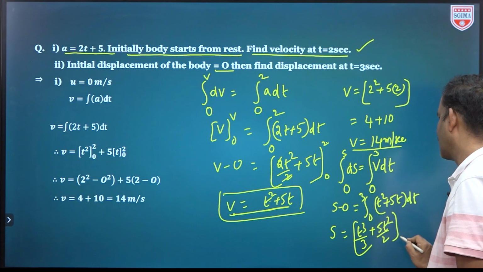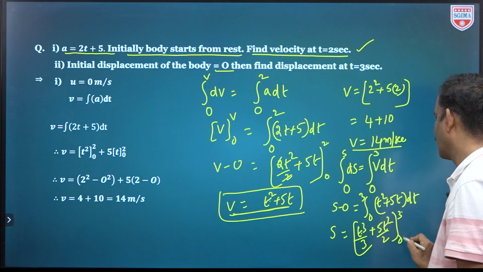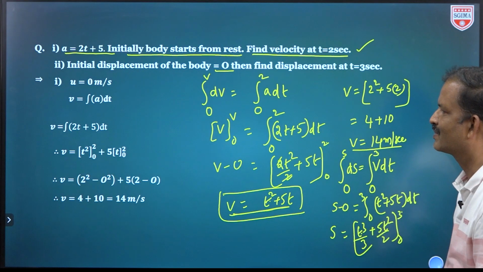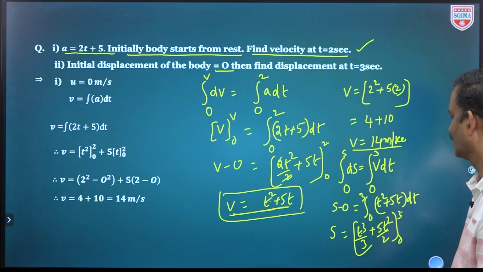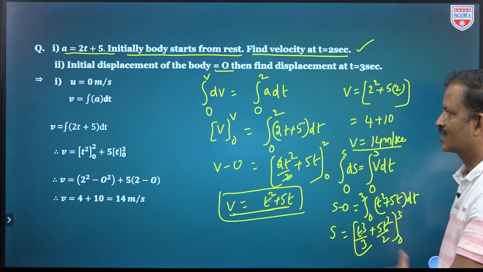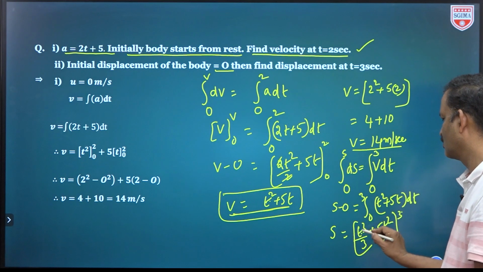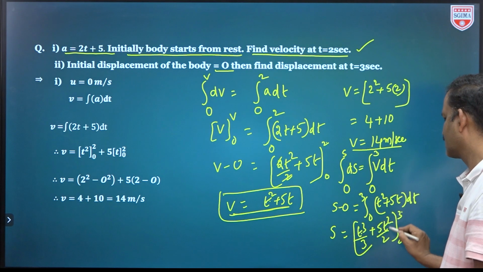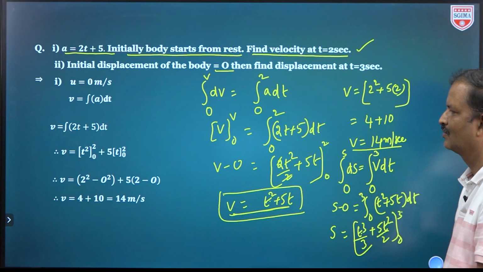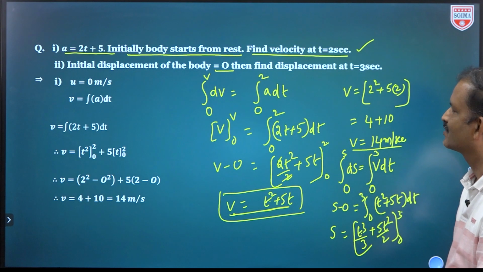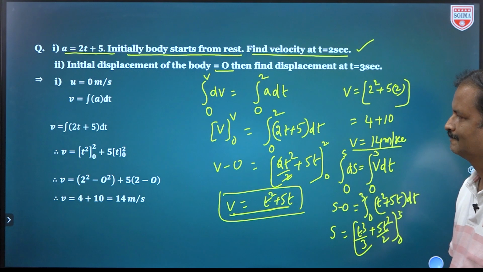Then you have to apply these limits, upper limit minus lower limit. So reverse process. Just 3 cube by 3 plus 5 into 3 square by 2 minus 0. You will get the displacement at t equal to 3 seconds.